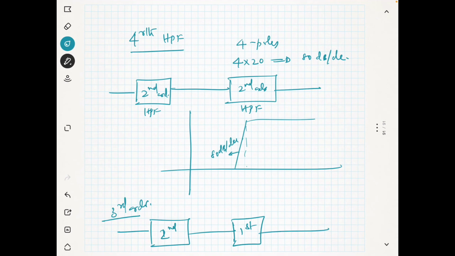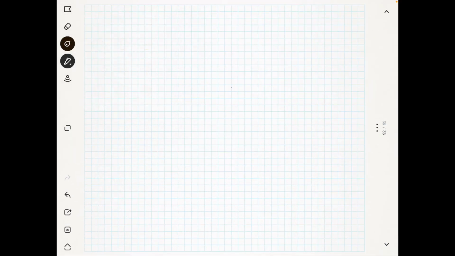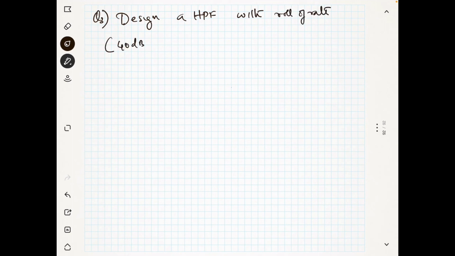Now we will see a problem with the high pass filter design. So question number 3, design a high pass filter with roll off rate of 40 dB per decade. That means it is 40 dB.